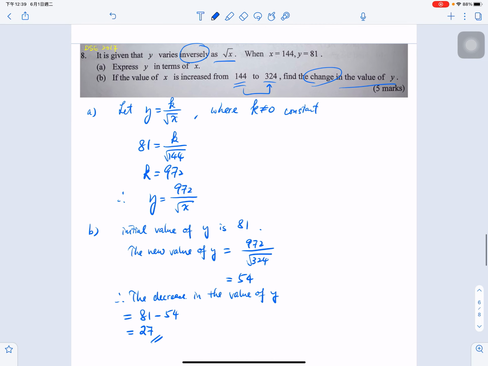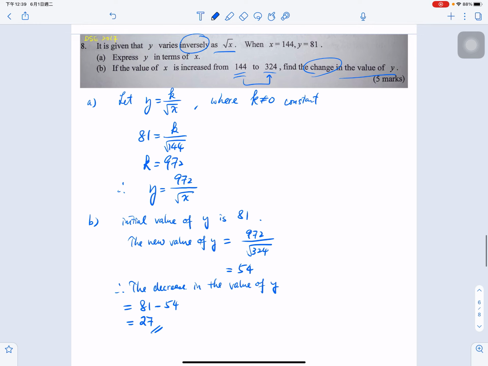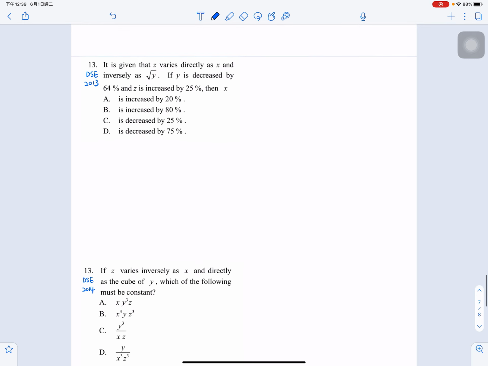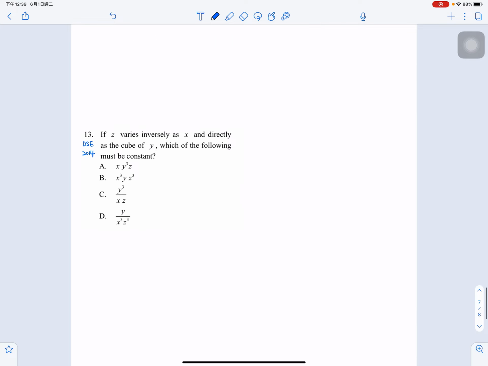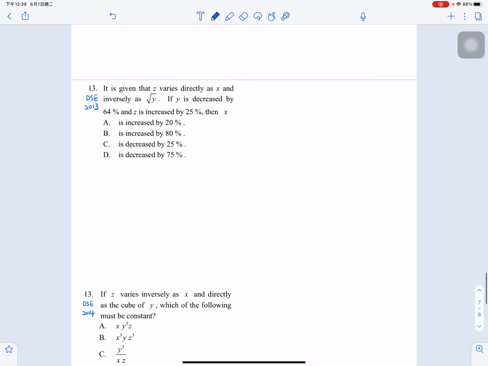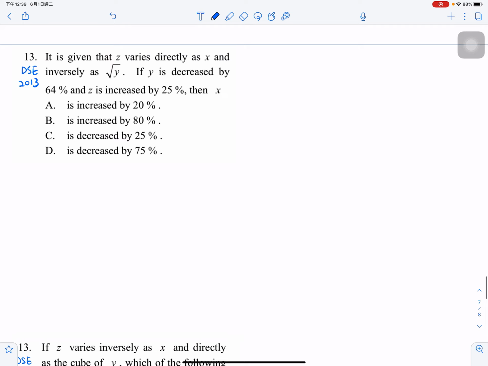佢唔係叫你計百分比，佢就係問你改變咗幾多，所以你計翻個值改變咗幾多。OK，如果佢講緊 percentage change 呢，你就真係要計啦。OK，好，睇下啲 MC 啊。OK，好，睇呢兩條都係喺 DSE 裡面嘅題目。OK，so the first one, given that z varies directly as x and inversely as square root y.